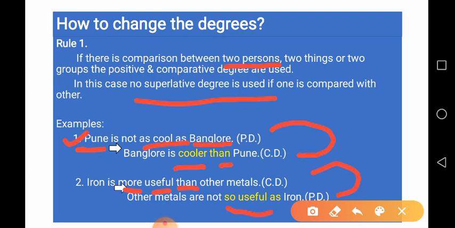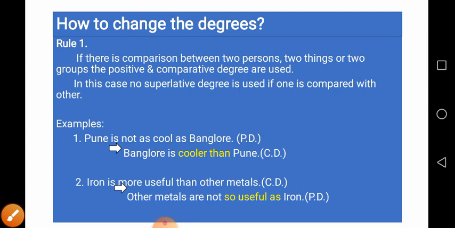So, we use as or so as in a positive degree. Okay? So, have you got rule number 1? What is it? We use only positive and comparative degree when one is compared with other.